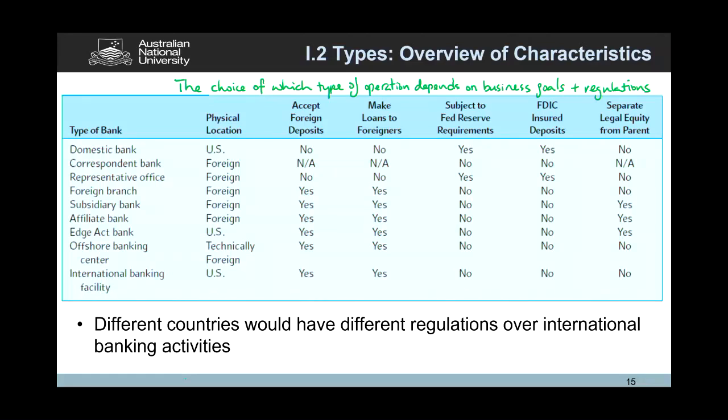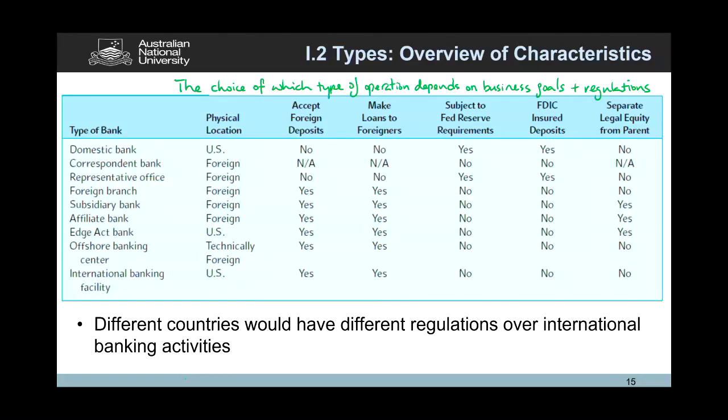All right, so that's where we left off last week, talking about international banking. We went through a whole bunch of pretty boring definitions for the different organizational forms that international banks could take if they want to operate in foreign markets.